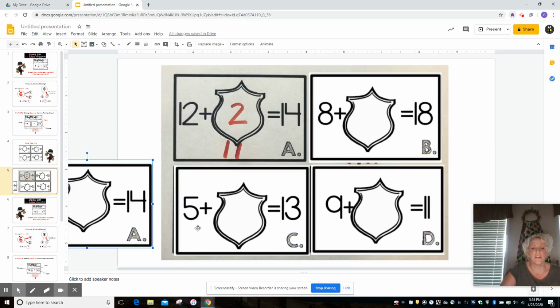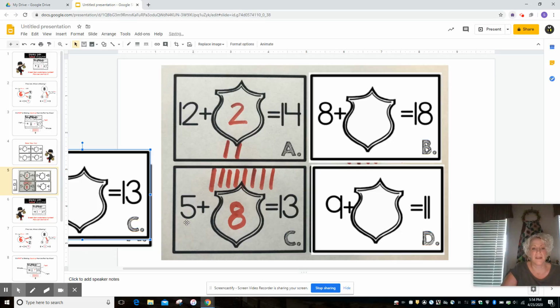Down here we have 5 plus something equals 13. Again, I count up from the part I know. I had 5, and I'm going to stop at 13, my whole. 5, 6, 7, 8, 9, 10, 11, 12, 13. Then I go back and count how many tallies it took me to get to 13 from 5. 1, 2, 3, 4, 5, 6, 7, 8.